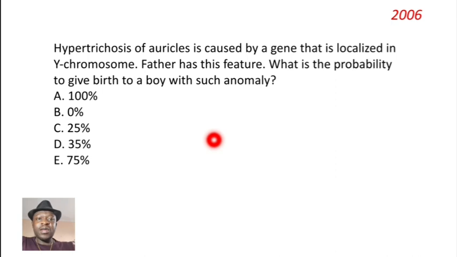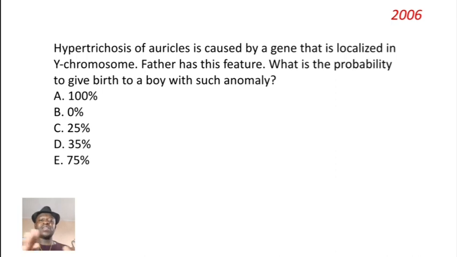Hypertrichosis of auricles is caused by a gene that is localized in the Y chromosome. The father has this feature. What is the probability to give birth to a boy with such an anomaly? If it is Y-linked, it means the father will be passing this condition to all the sons, right?